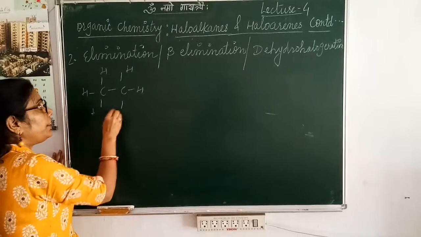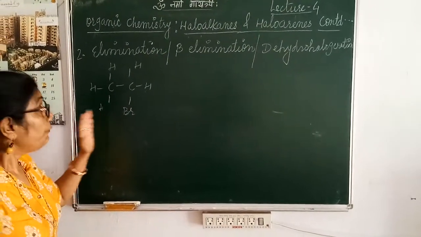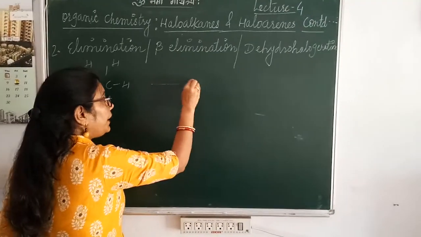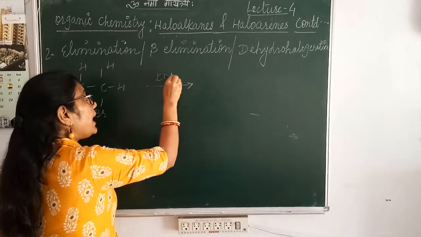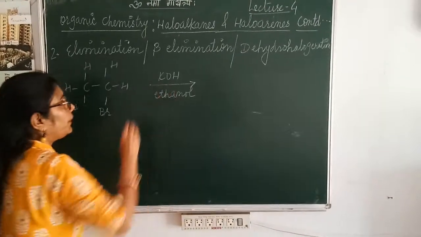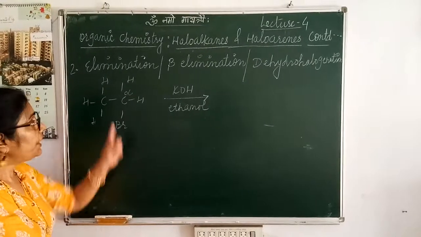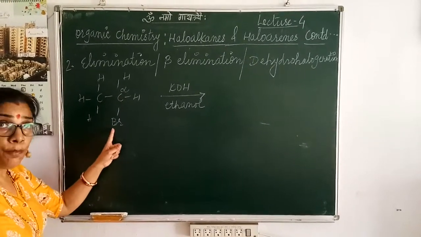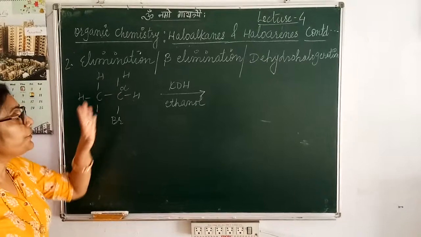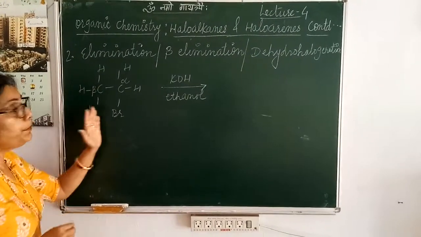Now you can see bromoethane. When this bromoethane is treated with alcoholic KOH, is this carbon alpha carbon or not? The carbon through which the functional group is attached is known as alpha carbon, and the adjacent carbon is known as beta carbon.